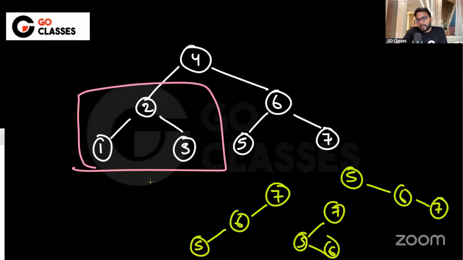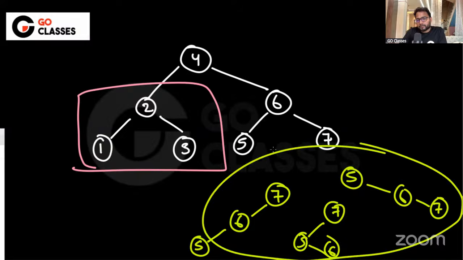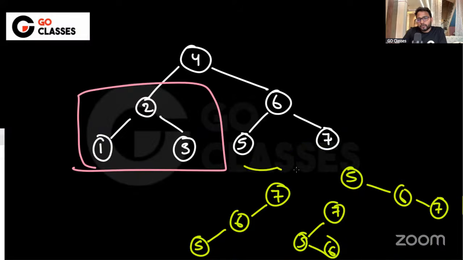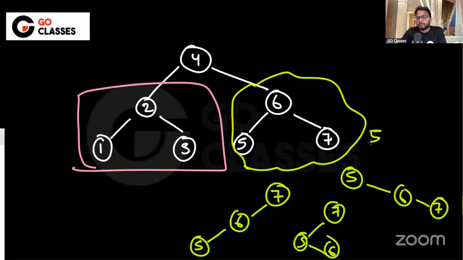But let's suppose here there are whatever number of trees. Suppose using these, 5 are possible. Similarly, let's suppose using these, 5 are possible. Then how many total? 5 into 5, isn't it? So basically for any fixed structure, these are the 5. Then for 5 structures, there will be 5 into 5. Basically, we'll be multiplying to get the total number of binary search trees.